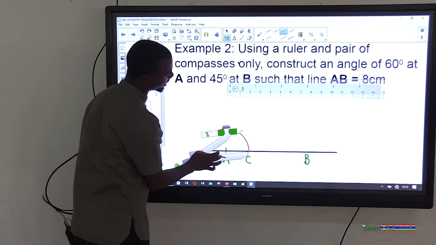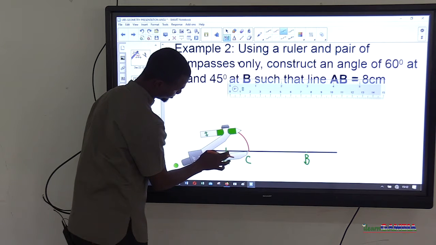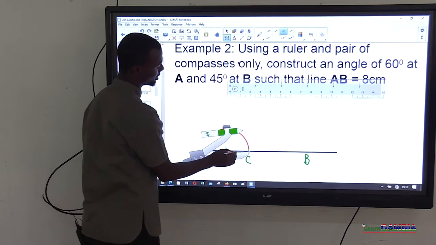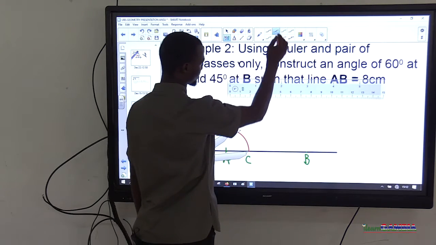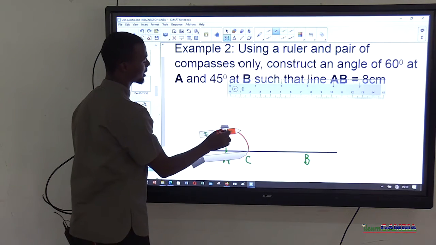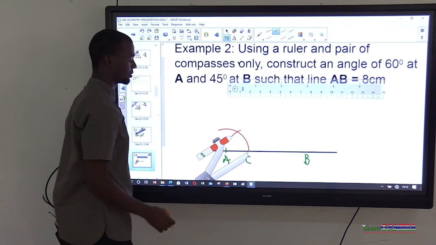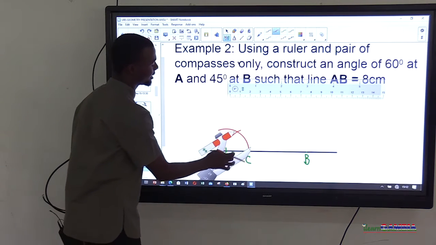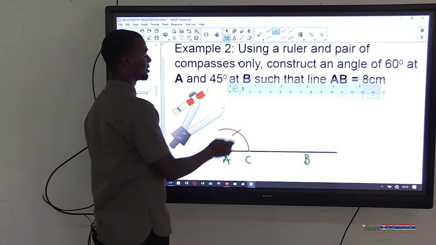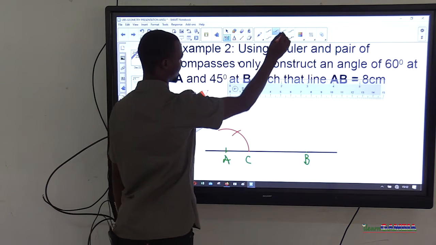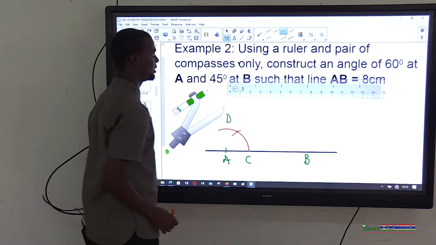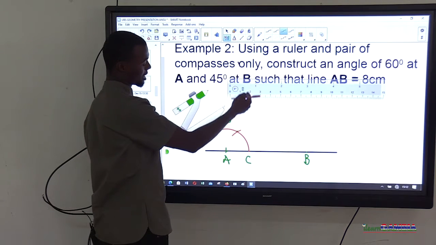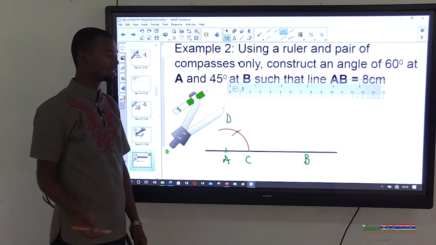So we use C as the center, and with the same radius, we draw another arc to cut the previous one. So where the two arcs are intersecting, we name that part D, and we draw a line DA to get our 60 degrees.